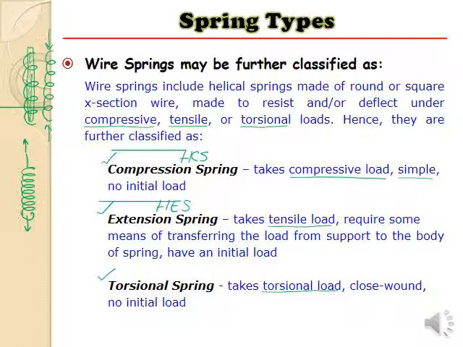The last one is the torsional spring, in which the coils are placed and then I need the two wires at the end in the two opposite directions, such that I can hold this wire and move this wire in a clockwise or anti-clockwise direction depending upon the way I have coiled it, and it will have a twisting deformation.